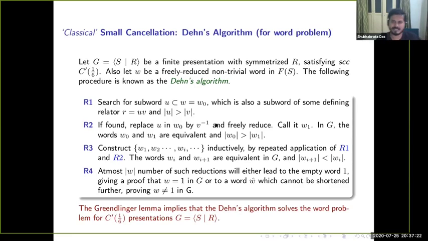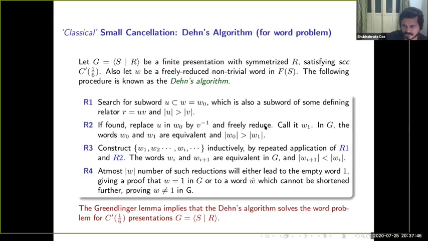And after replacing, you freely reduce. If you again have something like S S inverse, you replace it with the empty word and so on. You continue. Call the result W1. In G, the word W0 and W1 are equivalent, as can be seen easily.